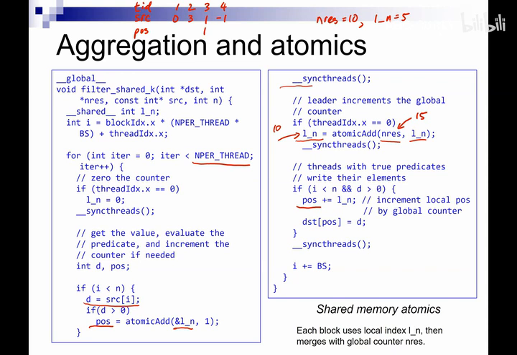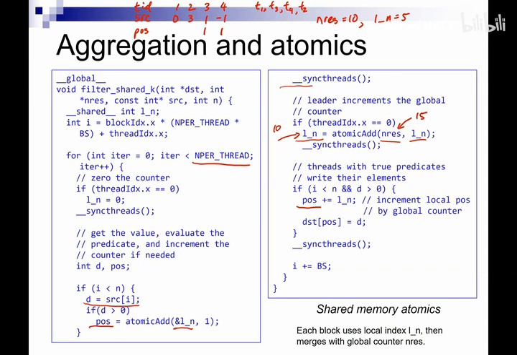Then let's say that thread 4 executes. Thread 4 has a negative value, so he doesn't do the atomic add, and for him the value of position is still going to be 1. So the order of execution is first thread 1, then thread 3, then thread 4, and finally thread 2.